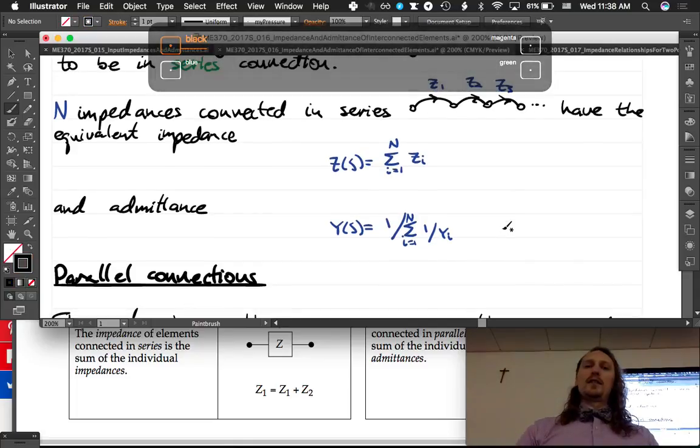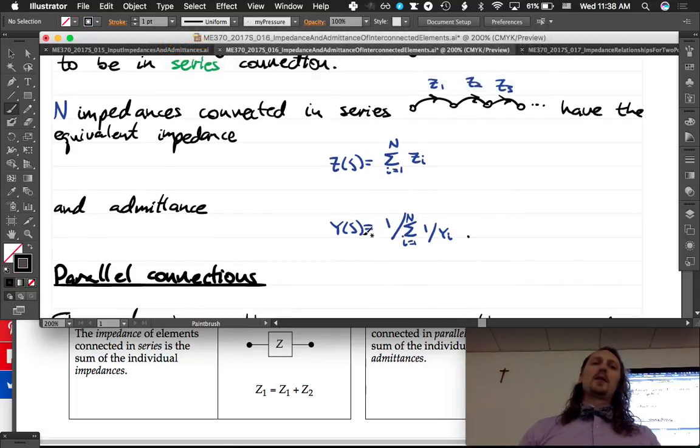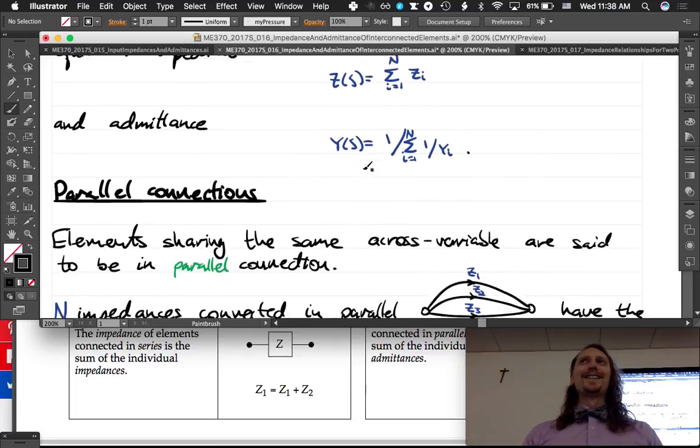Which one's easier to compute? This one, right? Yeah, better.